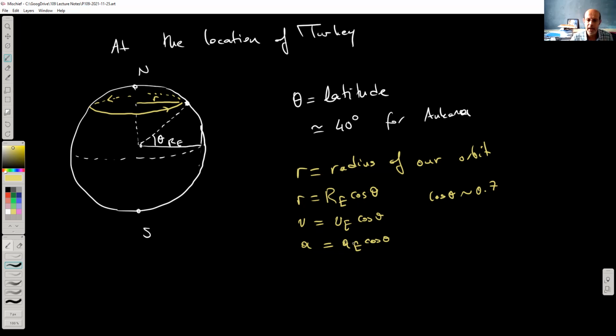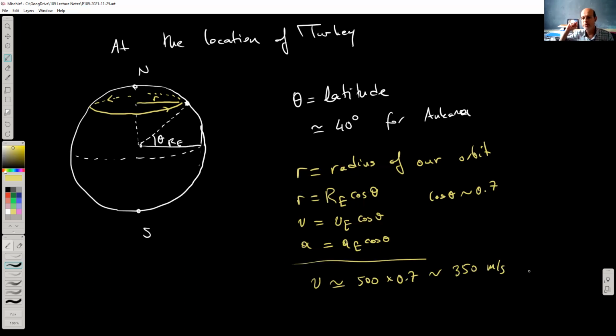So let me just do it like that. In our case, therefore, our speed would be 500 multiplied with 0.7. This is a difficult calculation. 50 multiplied with 7, so that's going to be like 350 meters per second.